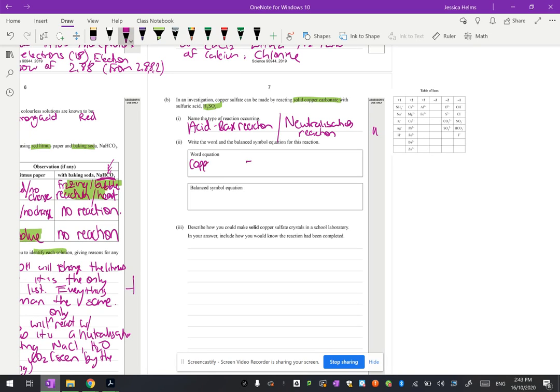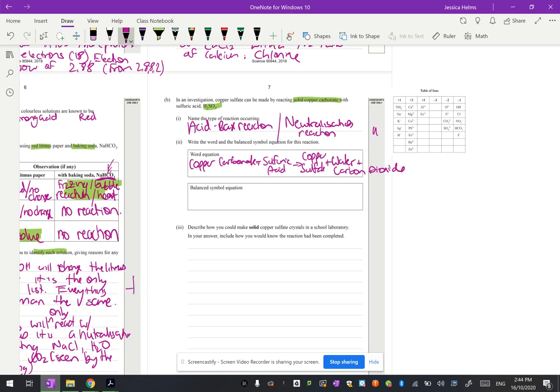So copper carbonate plus sulfuric acid will create copper sulfate plus water, always water. And because it's a carbonate, we're also producing CO2 or carbon dioxide.